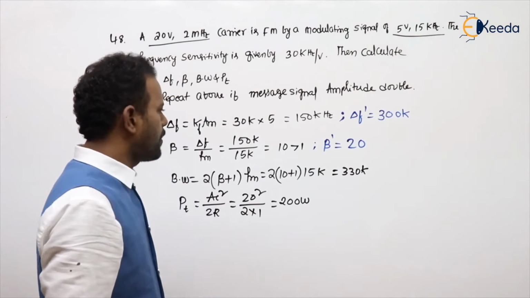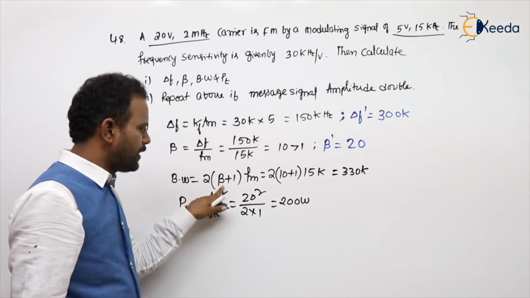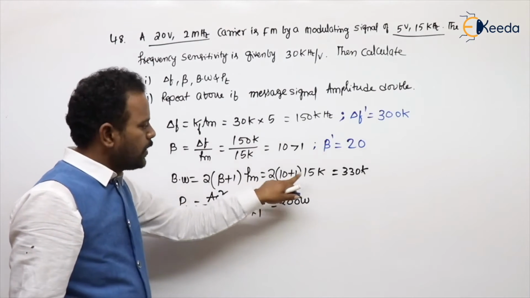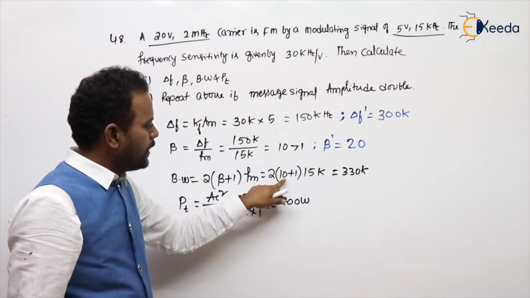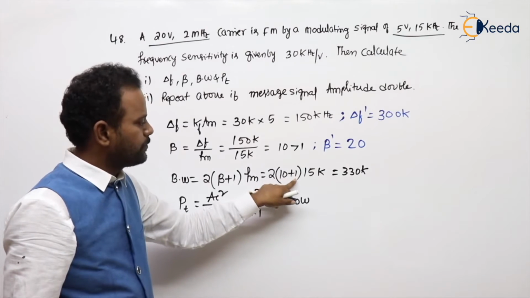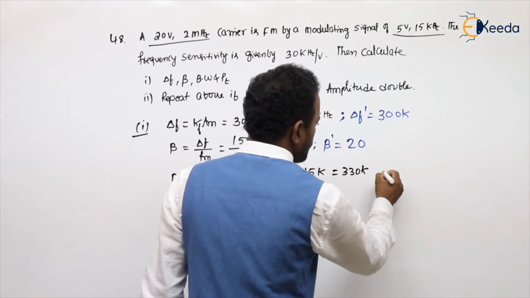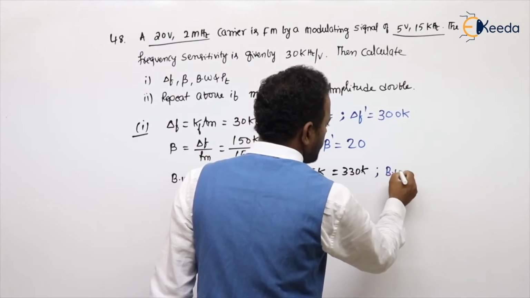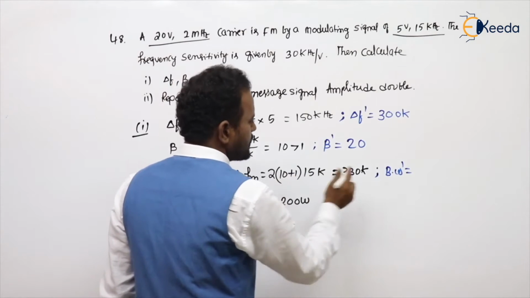Come to bandwidth, whether it doubles or not. Here beta value is now 20. So 15 twos are 30 into 21. Are you getting my point? Then how much will it be? New value bandwidth dash will be 30 into 21, so 630 kHz.